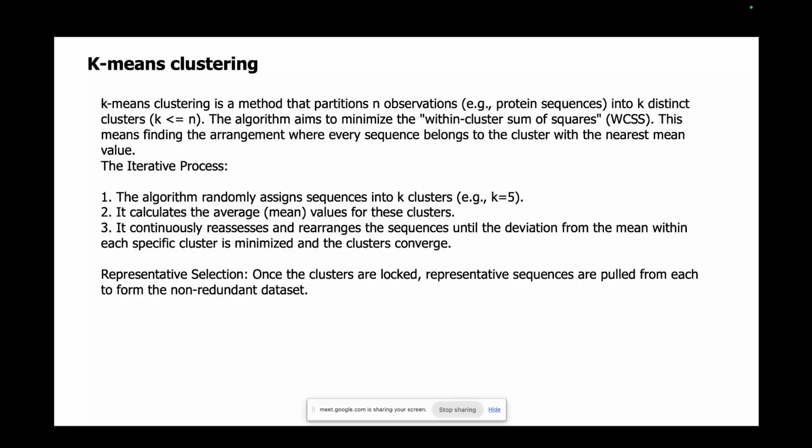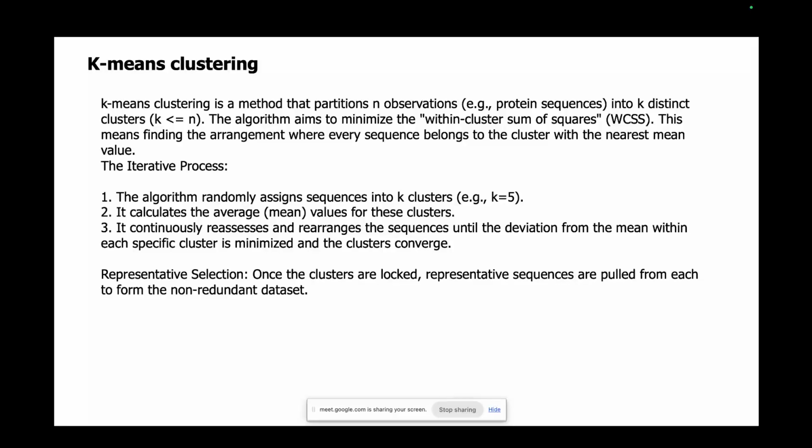When you first divided into 5 clusters, you calculated one mean, right? Now you calculate the actual mean of the set of protein sequences that you have in a cluster.